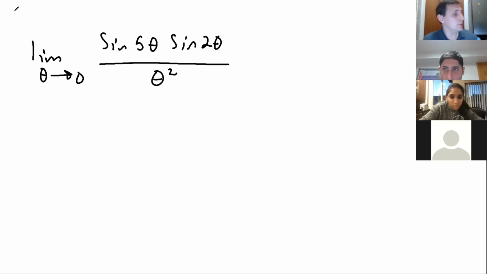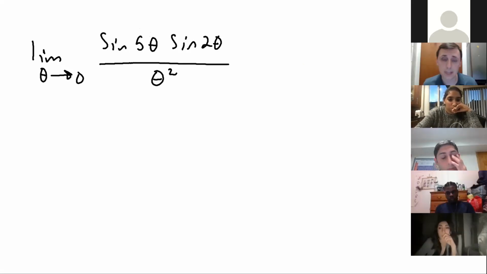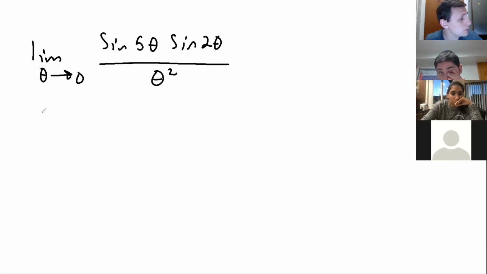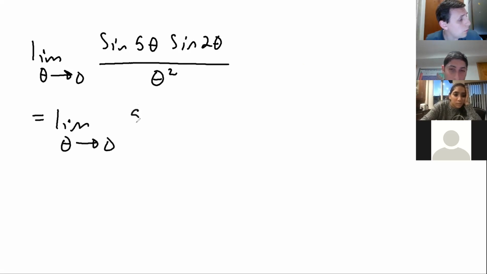Guys, very simple. What's happening? If theta is becoming small, 5 theta is a small number, and so is 2 theta. They are small numbers, and sine is not changing small numbers. That's the quickest way to figure it out. So this is the same as limit where theta goes to 0 of 5 theta times 2 theta. Do you see that I simply ignore that there is a sine?